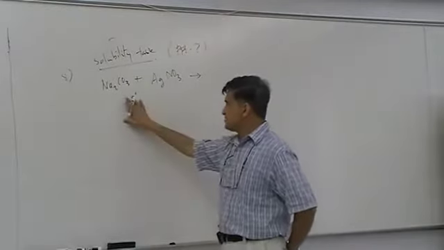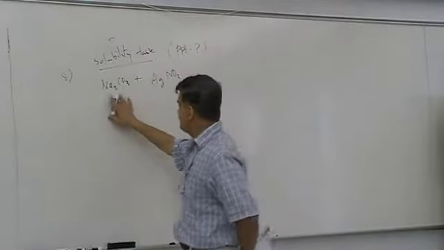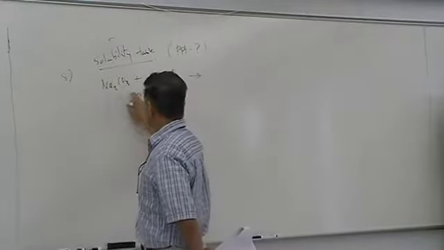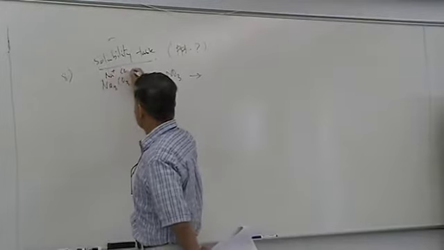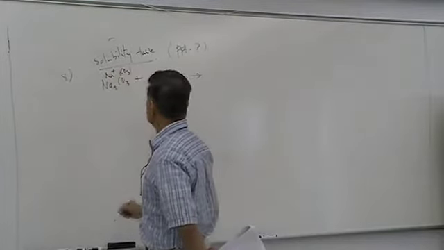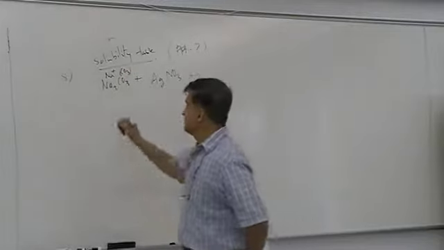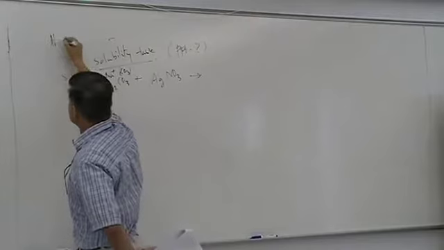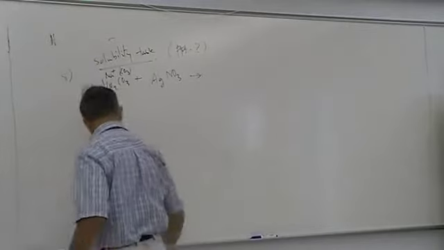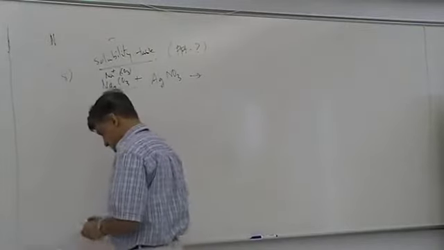This is the double displacement reaction. So let me write down why you have this formula. Because sodium is +1. Remember, carbonate is coming from the acid, carbonic acid, H2CO3.